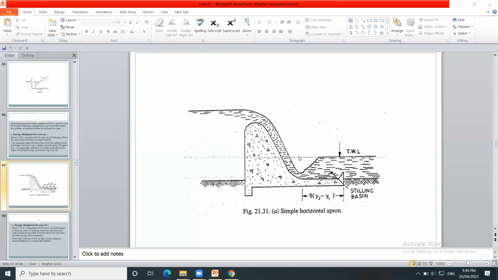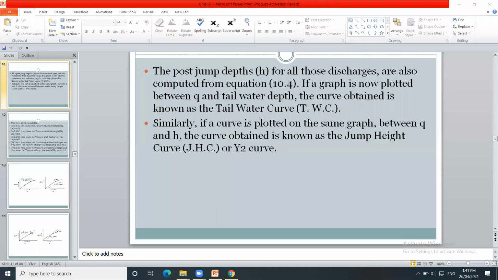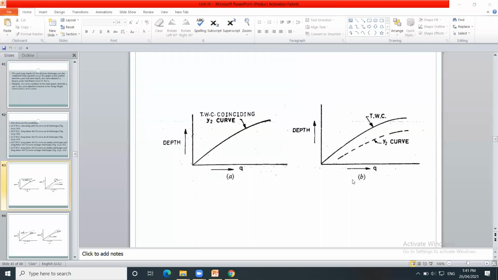First case झाला. Then the second case is energy dissipation for case B. Case B is when TWC is lying above the Y2 curve. See this figure B: this TWC curve lying above this Y2 curve, not in line. याच्यावर TWC curve आहे. तर यासाठी एनर्जी डिस्ट्रीब्युशन अरेंजमेंट कसं केलेलं आहे?